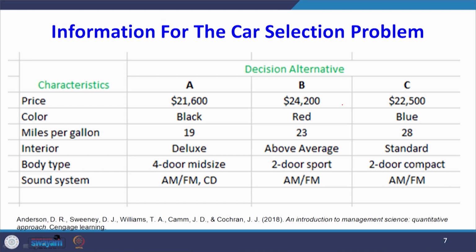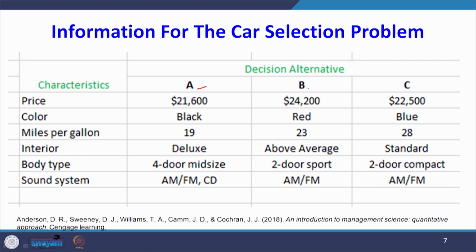The information for the car selection problem is given in this table. This example is taken from the book by Anderson et al. What are the criteria? Price, color, miles per gallon, interior, body type and sound system. What are the three alternatives?